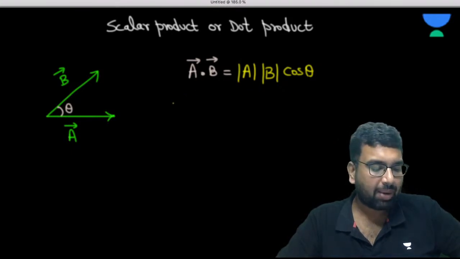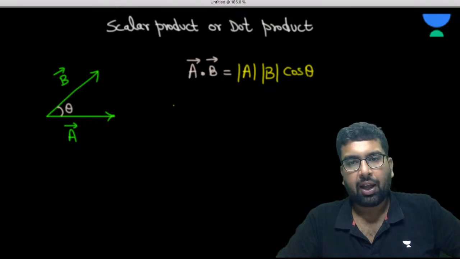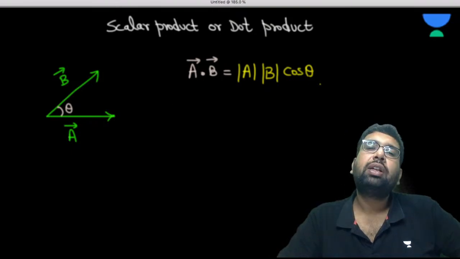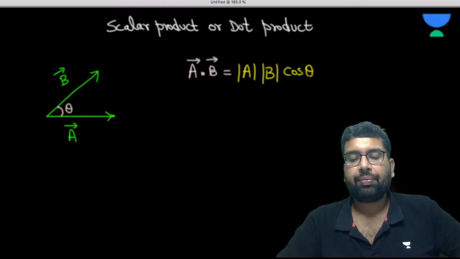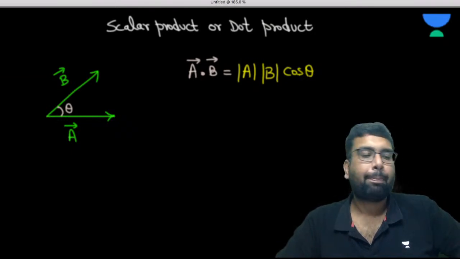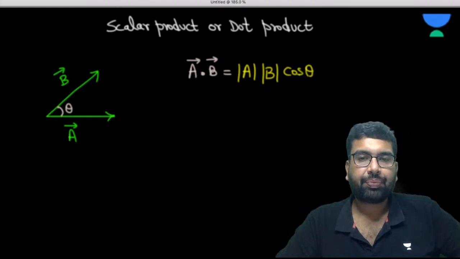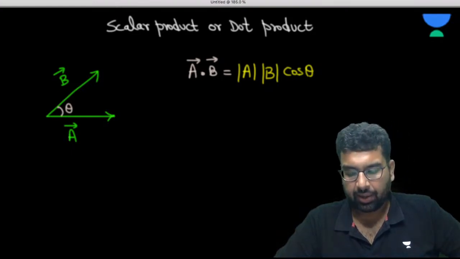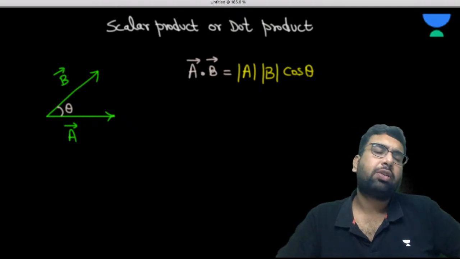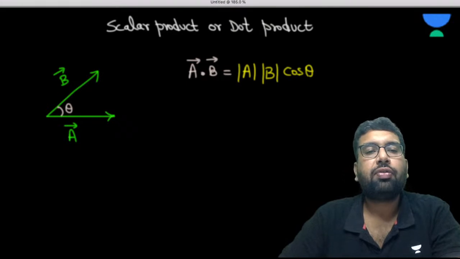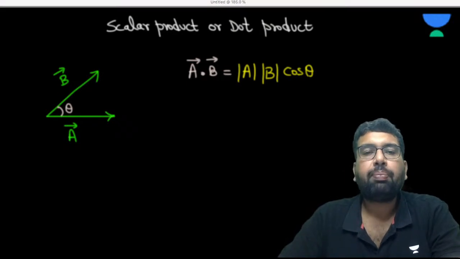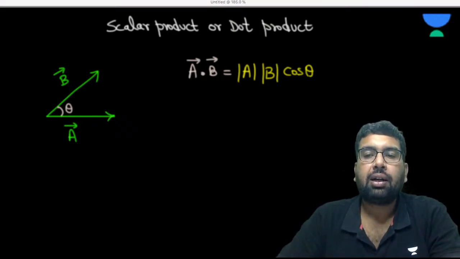And it has no direction, obviously. So you are getting the scalar product. Do you agree? Okay. I'll give you the physical interpretation to it. Don't worry. First try to understand the formula.